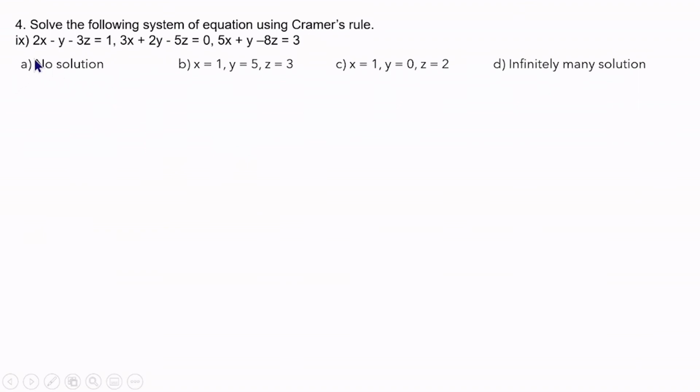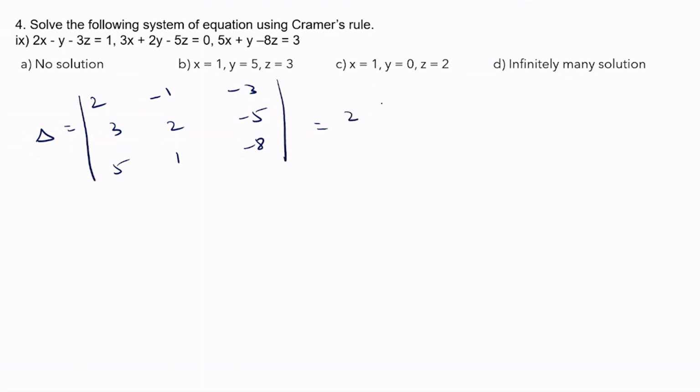The next one, 2x minus y minus 3z is equal to 1, 3x plus 2y minus 5z is equal to 0, 5x plus y minus 8z is equal to 3. So here delta is equal to the determinant of 2, minus 1, minus 3, 3, 2, minus 5, 5, 1, minus 8.